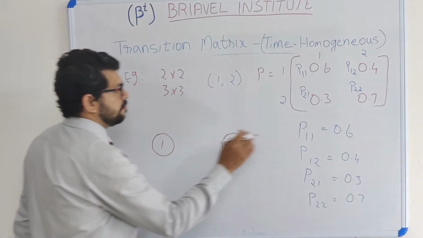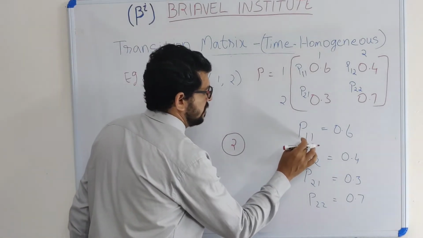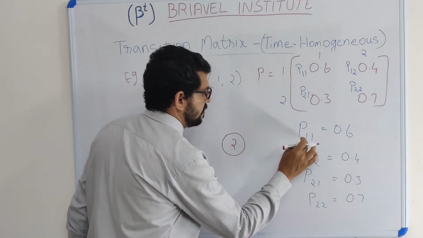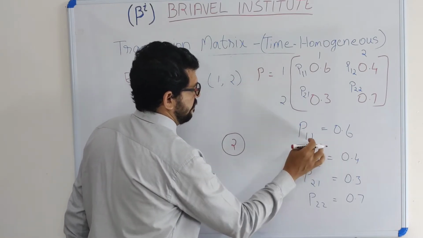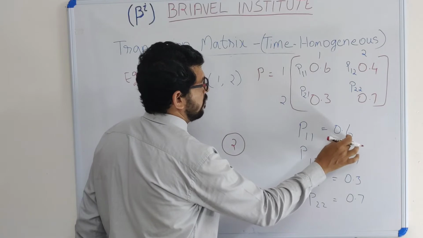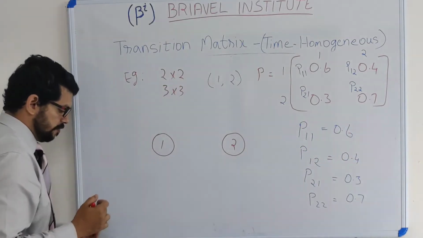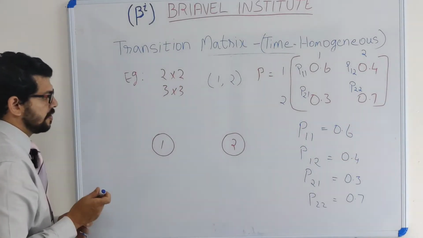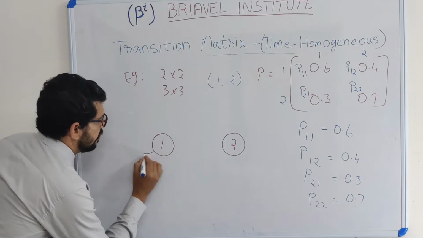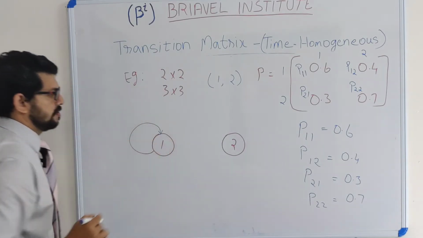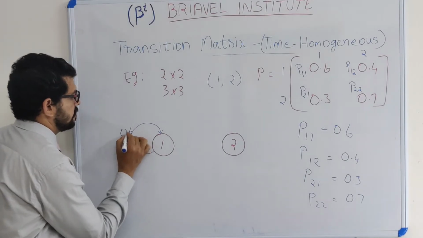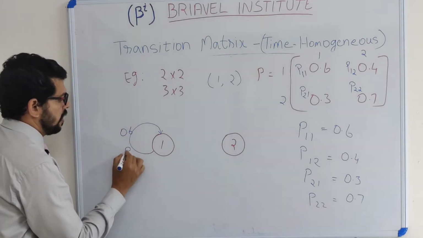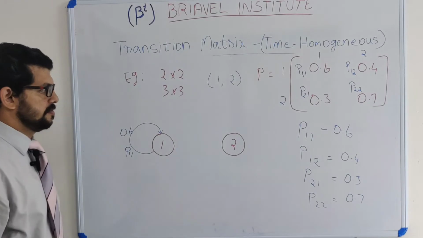Transition P of 1 1 means we are initially in state 1 and not moving to any other state. We stay in the same state. The probability is 0.6. This is called P of 1 1 and it is 0.6.